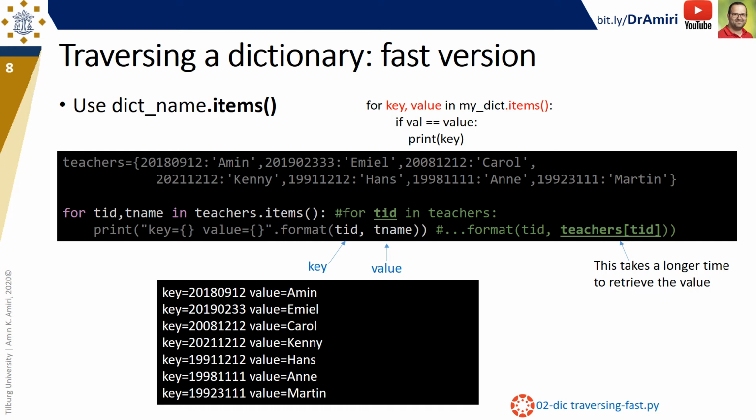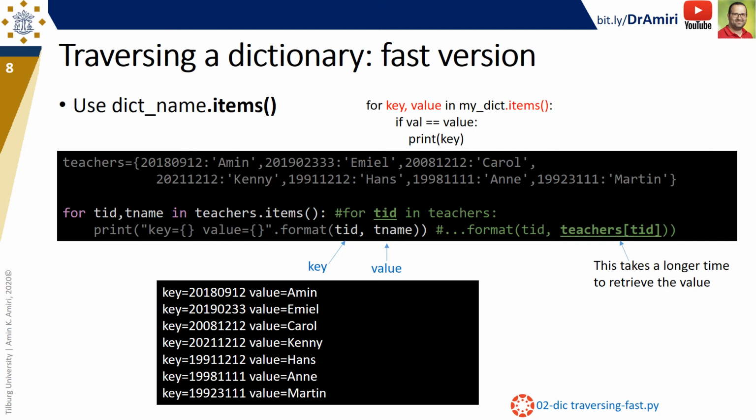So in my example of teachers, I'm going to name the key and value as TID and TNAME respectively. TID is the key, TNAME is the value, and then I use in teachers.items(). So rather than having for TID in teachers, now I have for TID, TNAME in teachers.items().